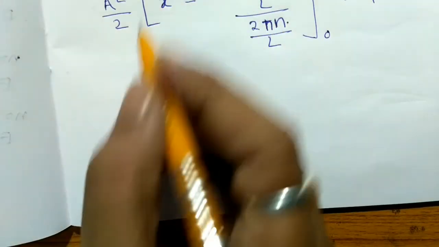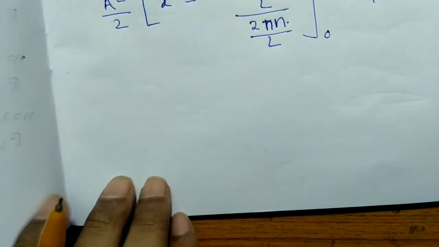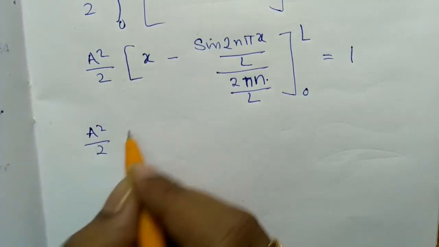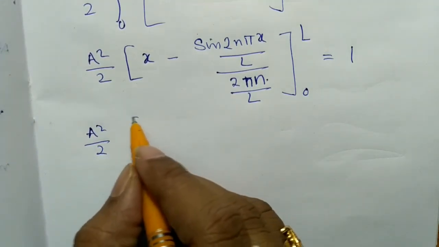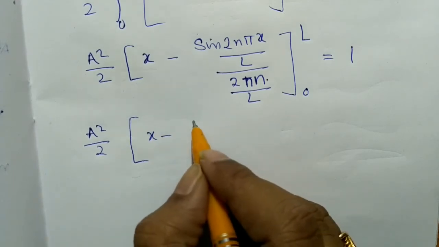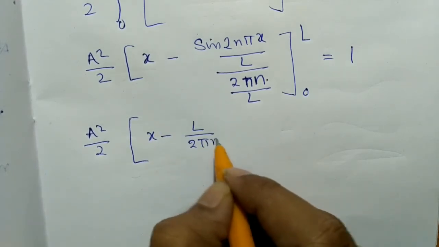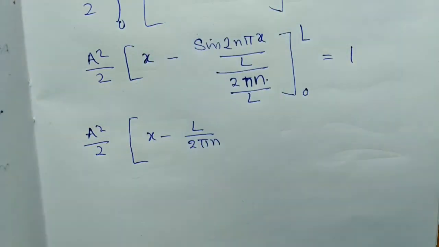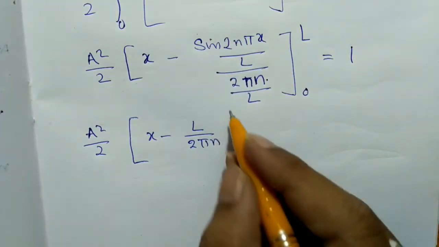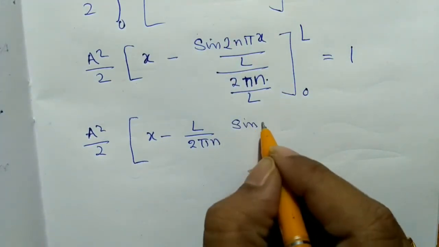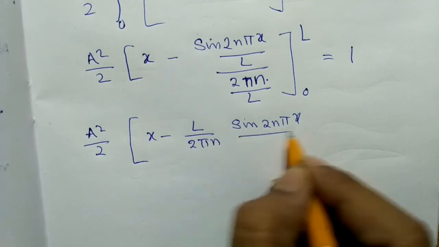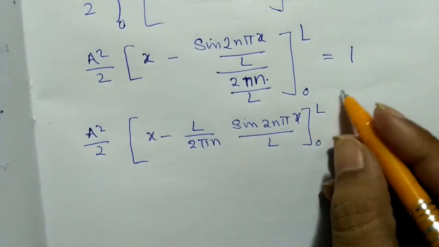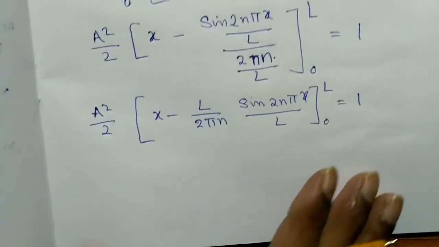For further simplification, A square by 2 into x minus L by 2 pi n, this comes to the numerator, sine 2 n pi x by L, with boundaries 0 to L, is equal to 1.